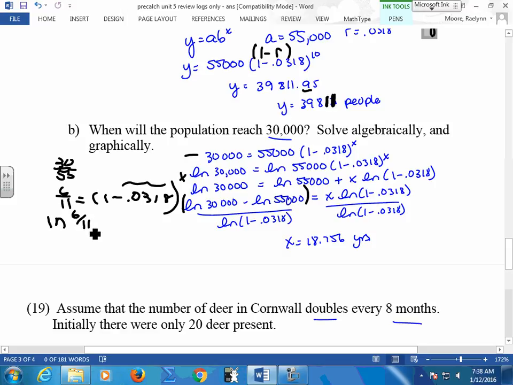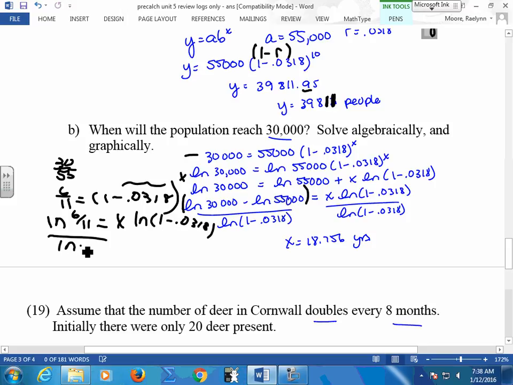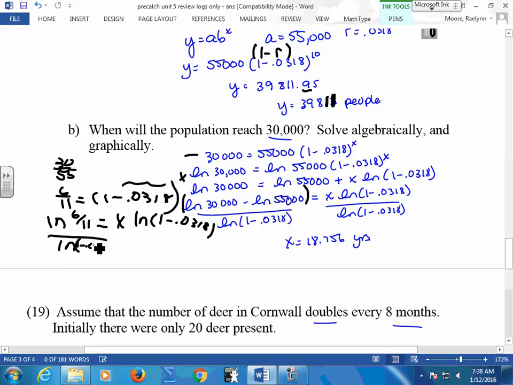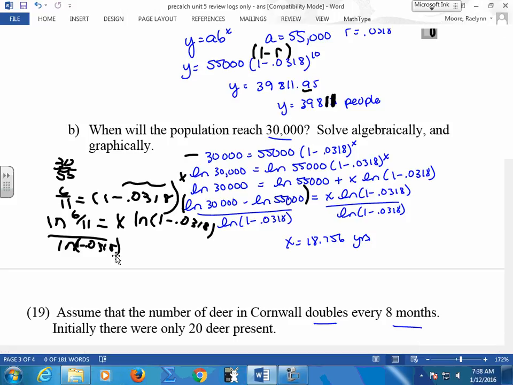Leave this as a fraction. And you can solve it that way. It will work out the same. You can use logs or ln. I'm not concerned about that either, as long as you use an ln with base 8.